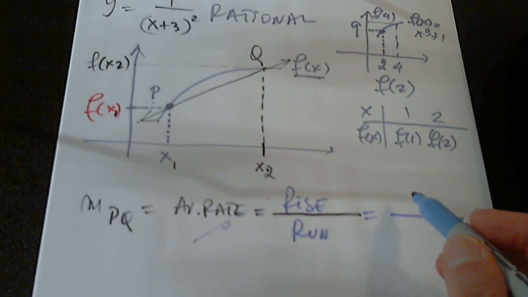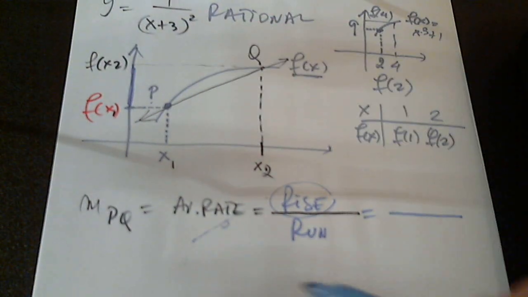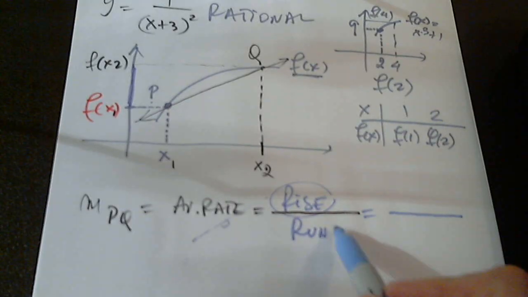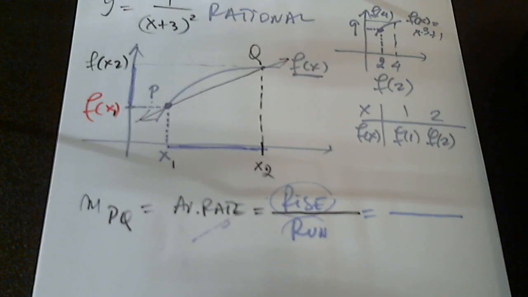y2 minus x2 over y1 minus x1. Let's try again. The rise has to involve only y. It cannot involve x. The run has to involve only x. One more time. y2 minus y1. Excellent.